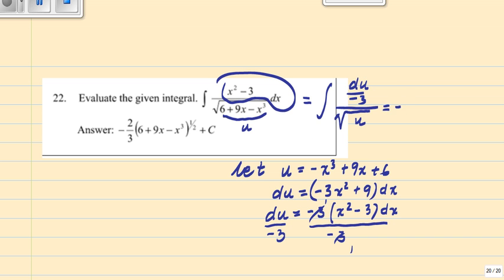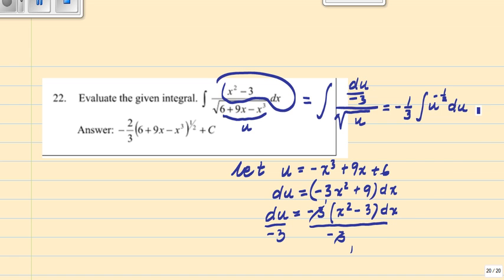Minus 1/3 we can take outside, and now we have an integral. The square root of u we want to put into the numerator, so it becomes u to the negative 1/2 du. And we know how to integrate that.